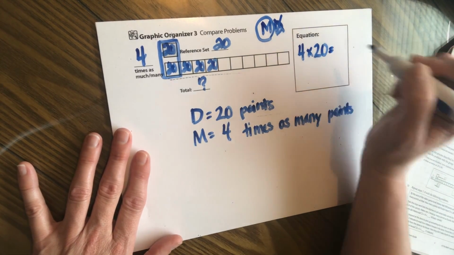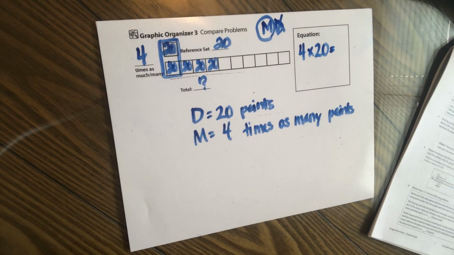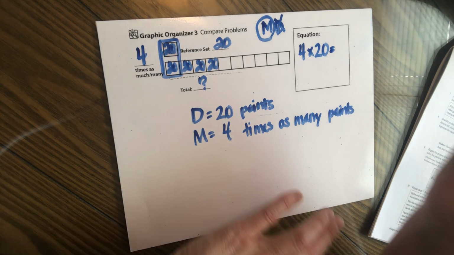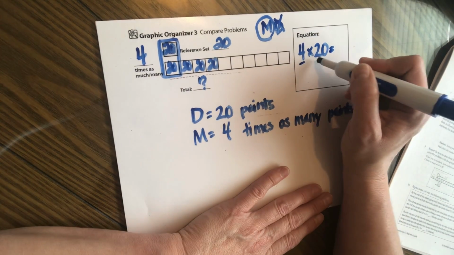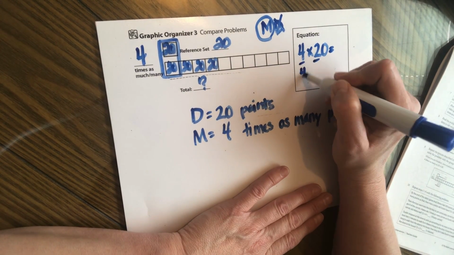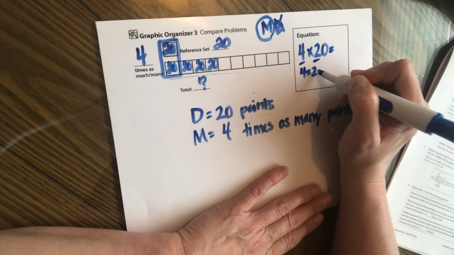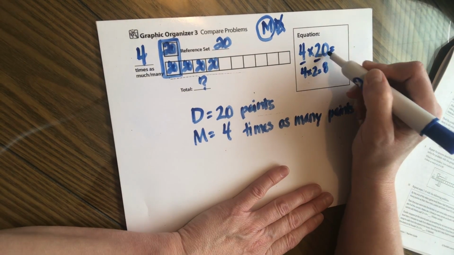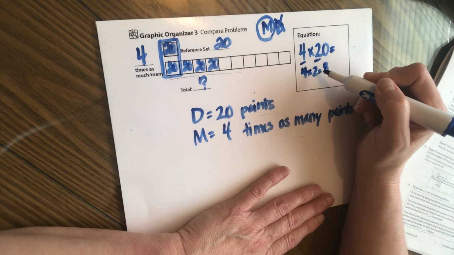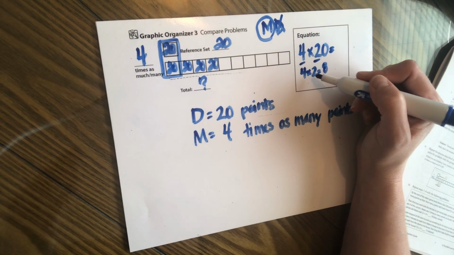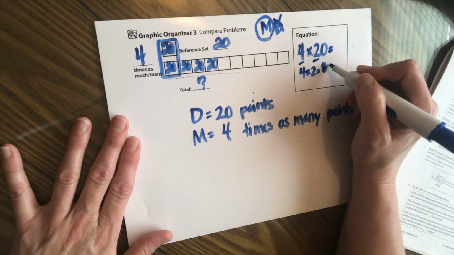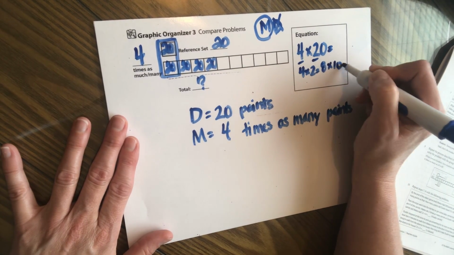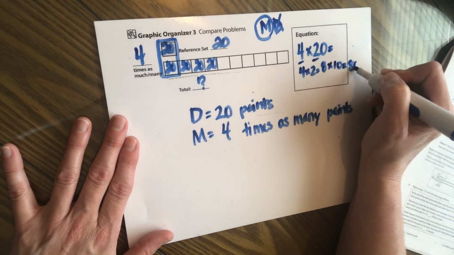Now, boys and girls, if you are struggling with that 10 times as many idea, then you may certainly use a calculator. But for now, we're going to use our simple fact, which is 4 times 2: 2, 4, 6, 8. And because 20 is 10 times as many as 2, I'm going to multiply 8 times 10, which gives me 80.